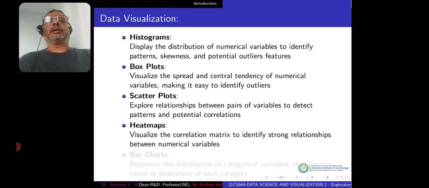So there is a color map used for representing correlation.